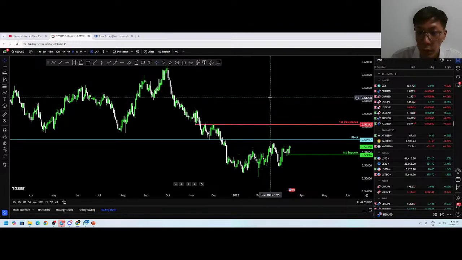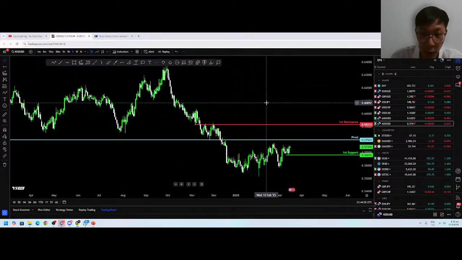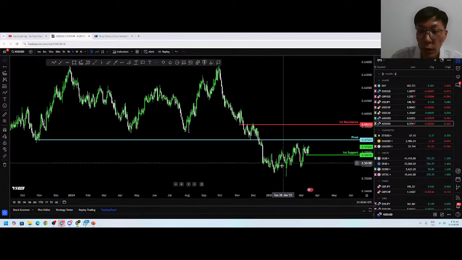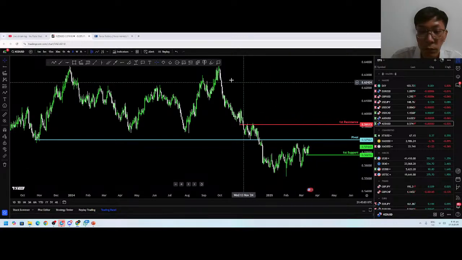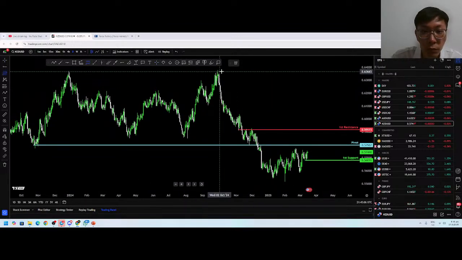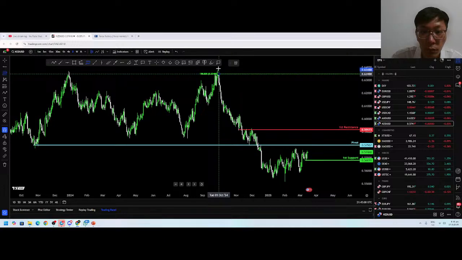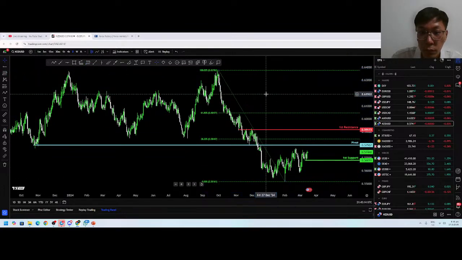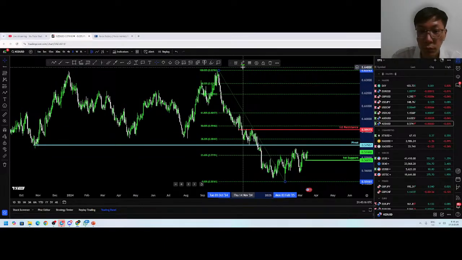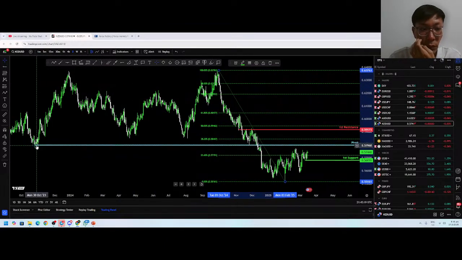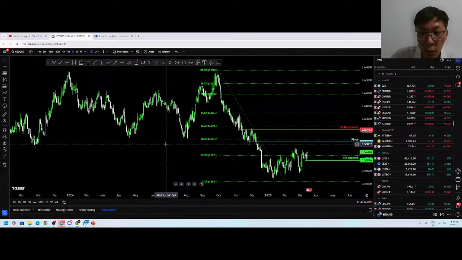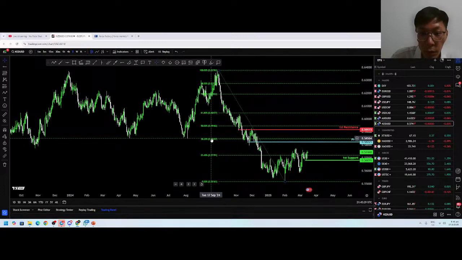Okay, this is for the daily time frame, and let me see if I'm able to find any. I think it will most likely react to this level over here. Yep, I think it's fine.